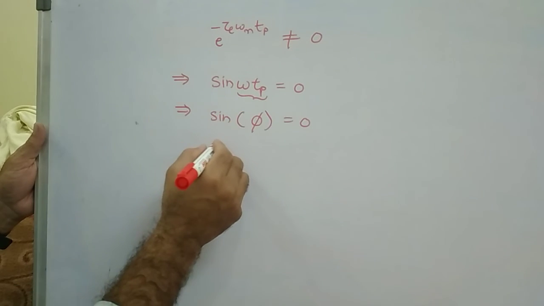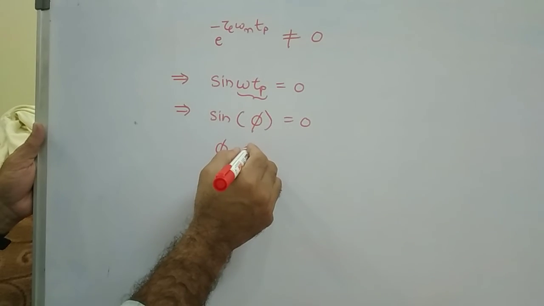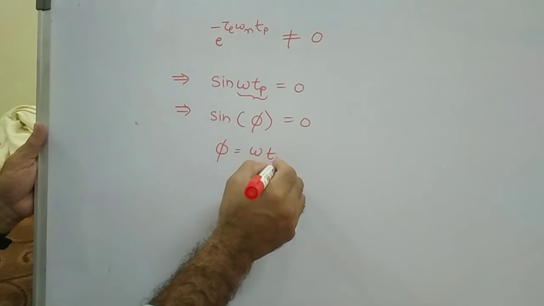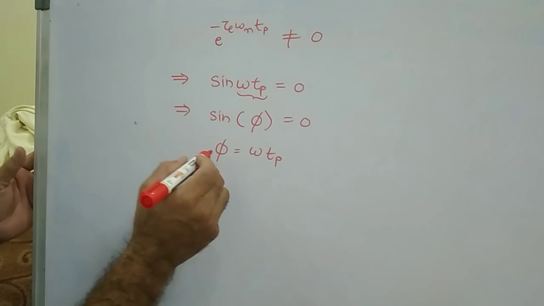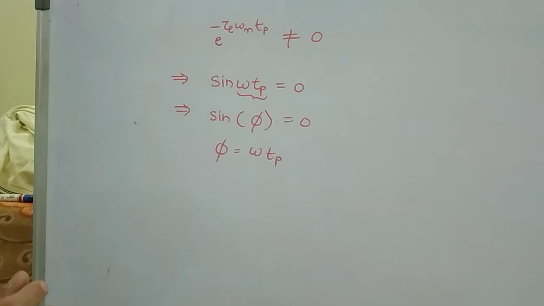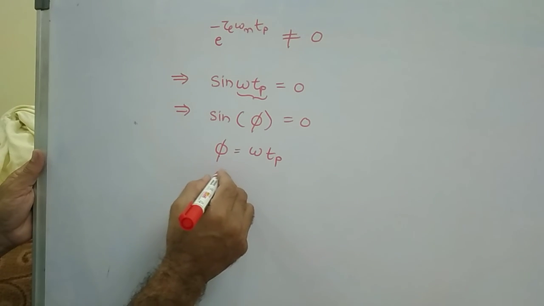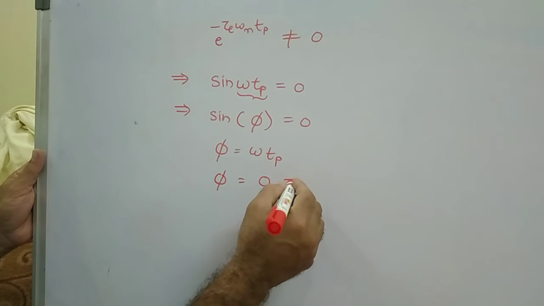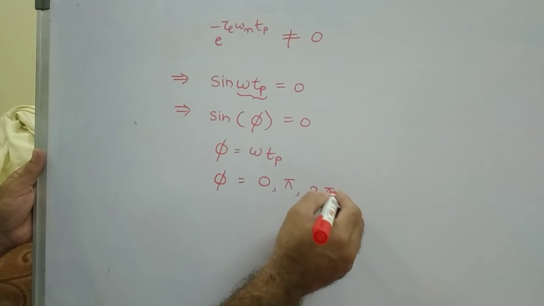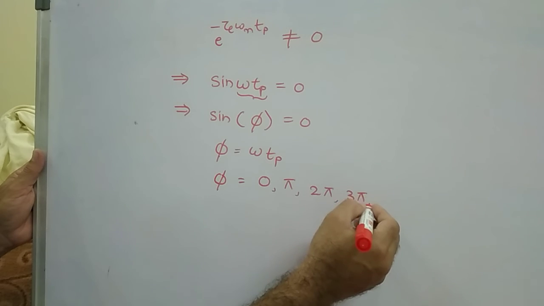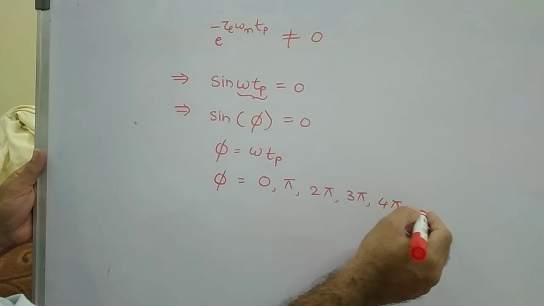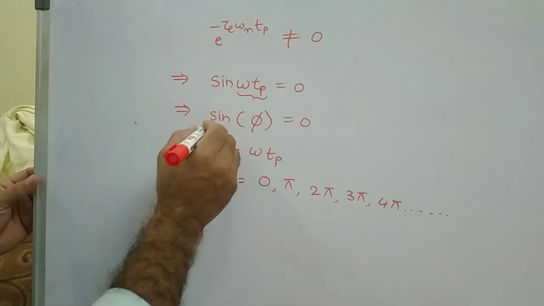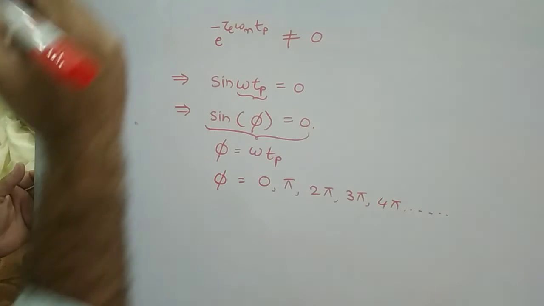What is your phi? Phi is equal to omega into tp. For what value of phi does this sine become 0? Phi is equal to 0 or pi or 2 pi, 3 pi, 4 pi, and so on. For these values of phi, this sine becomes 0.